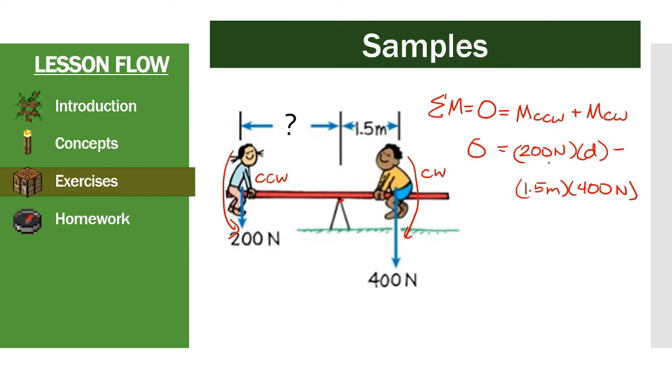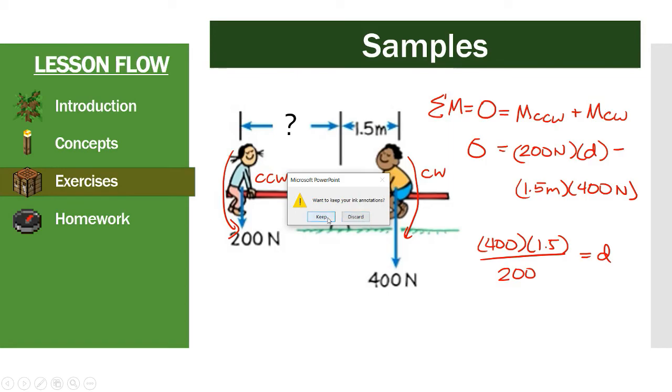Now, I think you can rearrange this simply in order to get D, and that will be 400 times 1.5, and you can put that to the other side, divided by 200 newtons should get you the distance required. Okay, now let's go and grab my calculator real quick.